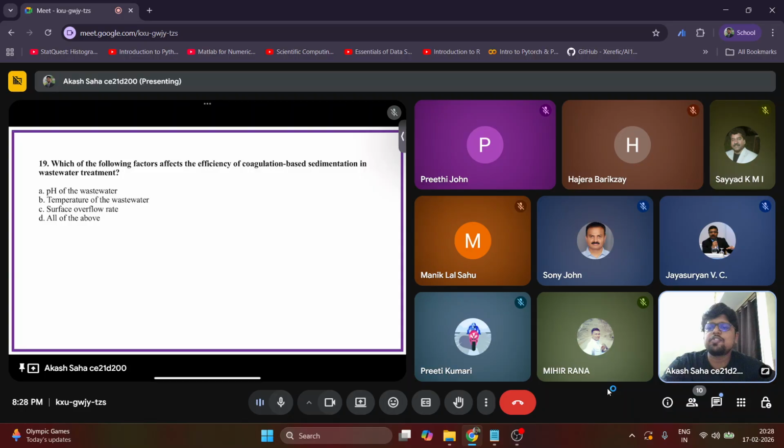Next question. Which of the following factors affects the efficiency of coagulation-based sedimentation in wastewater treatment? If sedimentation is happening after coagulation, which of these factors will affect it?